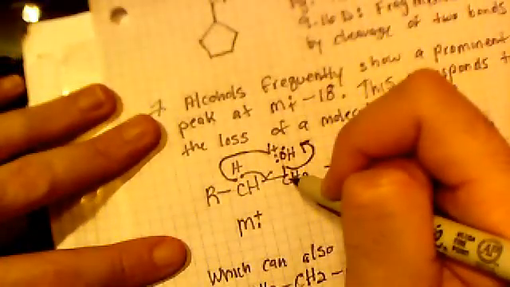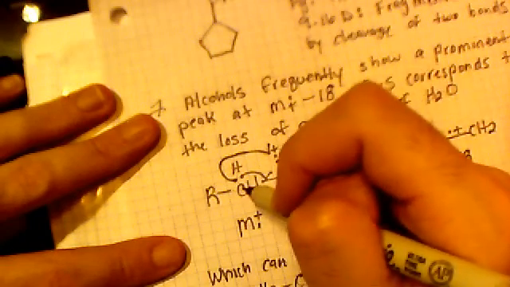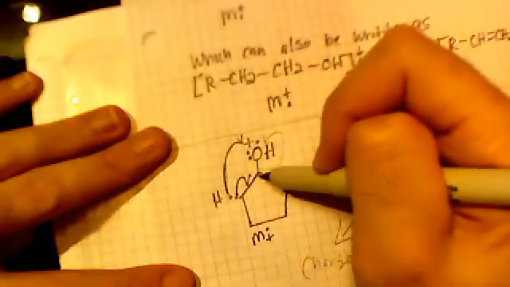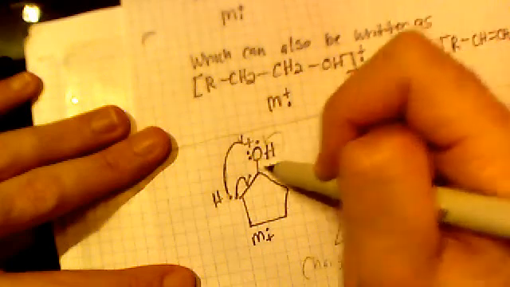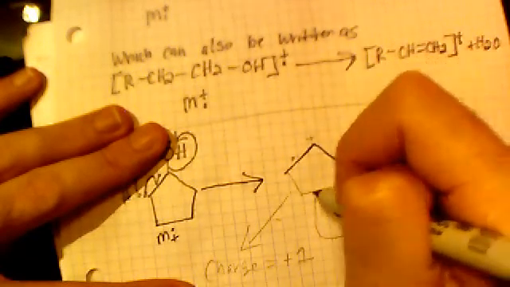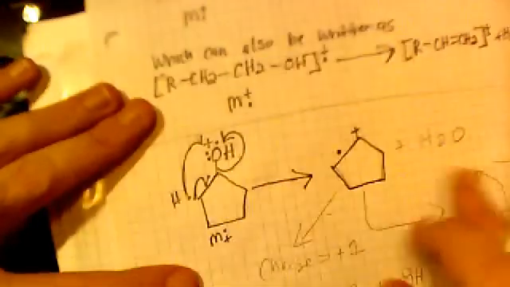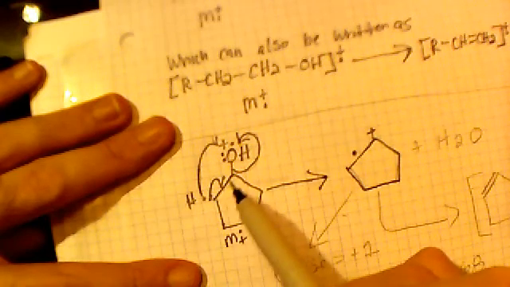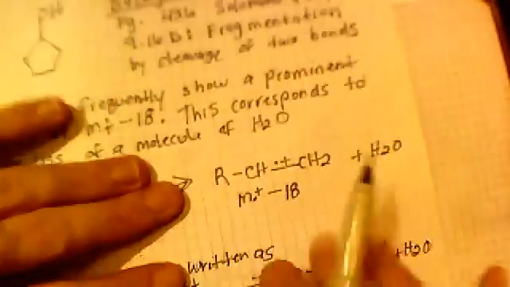Here's the carbon attached to this oxygen, and the hydrogen attached to one carbon away from that is the one that donates one of its electrons to this oxygen, one of its electrons to this bond, and then the carbon that's attached to the hydroxyl group here donates both of its electrons, so that breaks off. And now you get left with this, right? Now this makes sense that here this gave up both of its electrons, so that's where the positive is, and this electron right here went around this bond, which is the way that they write it up here, right? Plus H2O.